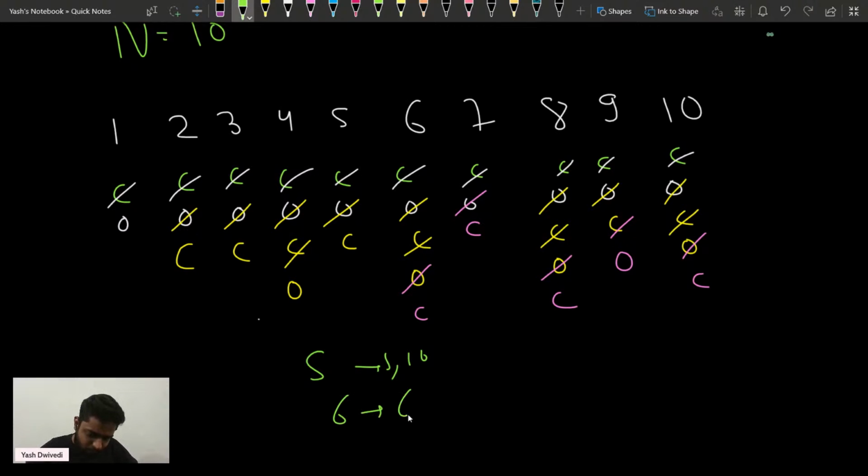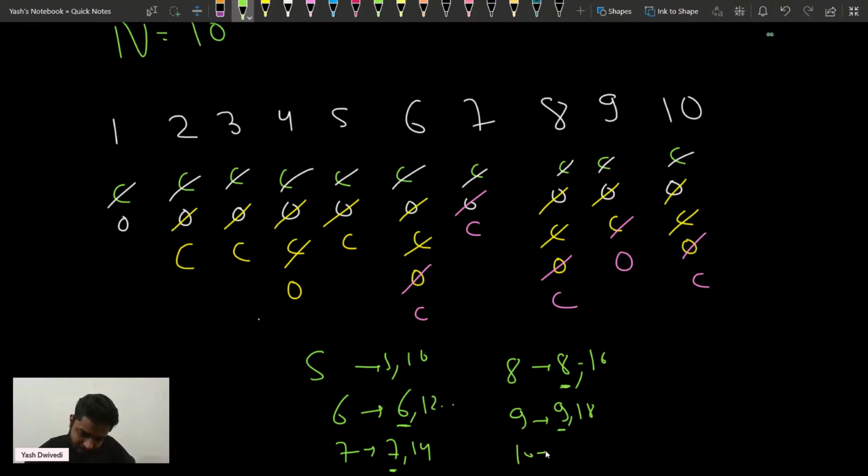For 6 we will do it for 6, 12 and so on, but only door 6 is available, so we'll alternate that. For 7 we'll do it for 7, 14, but only 7 is available, so we'll only switch 7. Then for 8, 8 and 16, but only 8 is there. For 9 we have to do it for 9, 18, but only till 9 is available. Then for 10, only 10 is available, 20 is not available. So that is why we are doing it like that.